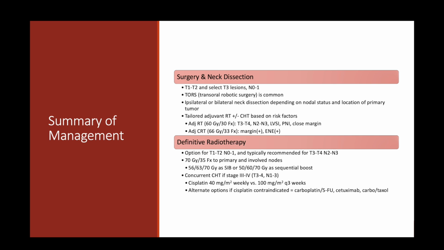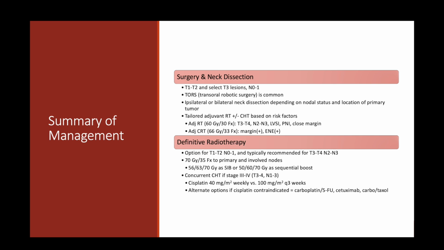Typically, adjuvant radiation to 60 gray, we consider if they have T3 to T4 tumors, if they have N2 to N3 disease, LVSI, PNI, close margins. And then for a positive margin or positive extranodal extension, then we actually think about adding concurrent chemotherapy. Typically, it's concurrent weekly cisplatin.